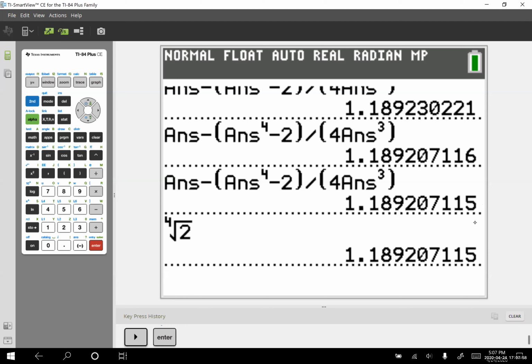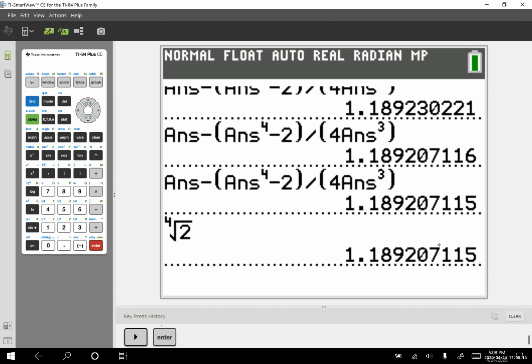So x5 matches up with, as far as we can see, everything that the calculator is giving us for the 4th root of 2. That's pretty awesome. So yeah, that is the power of Newton's method.